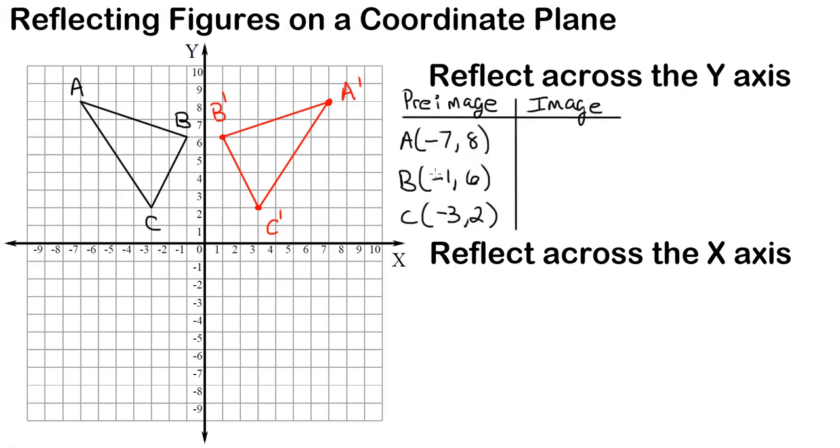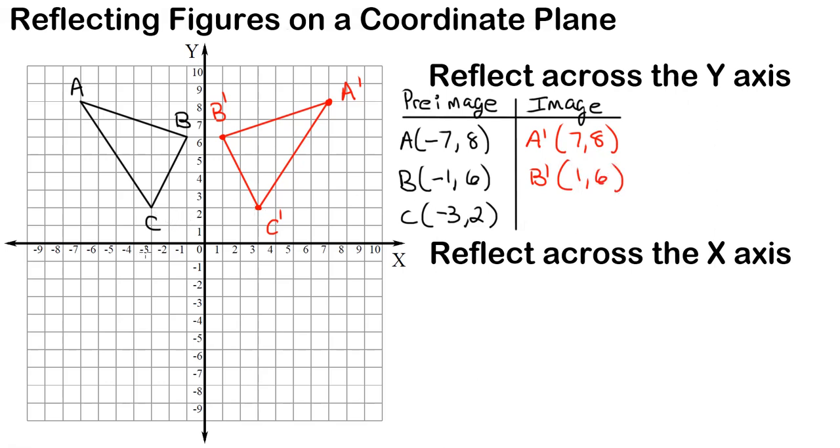Now let's take a look at how the ordered pairs for each point change so that we can find the pattern. A was at (-7, 8), whereas A prime is at (7, 8). And B was at (-1, 6), and now B prime is at (1, 6).